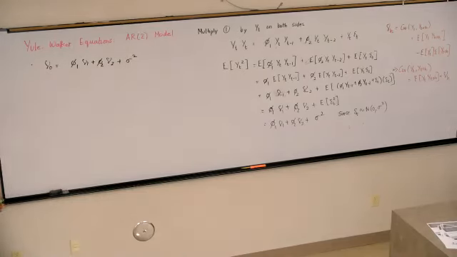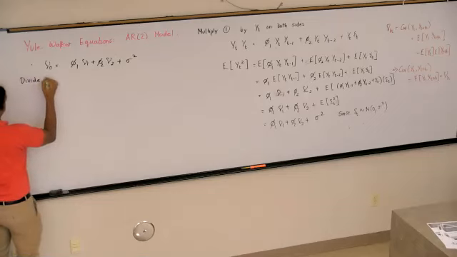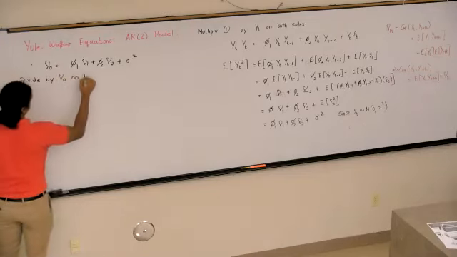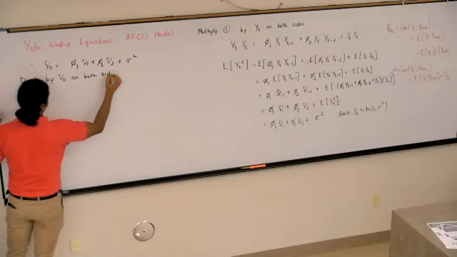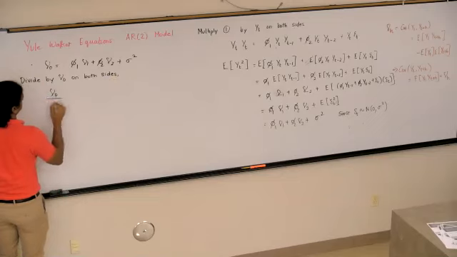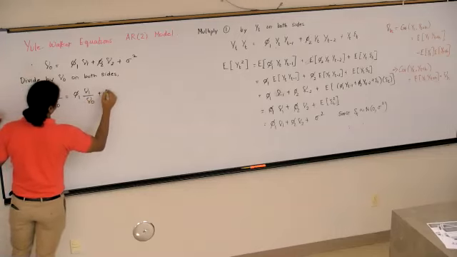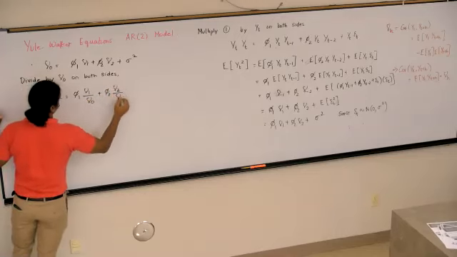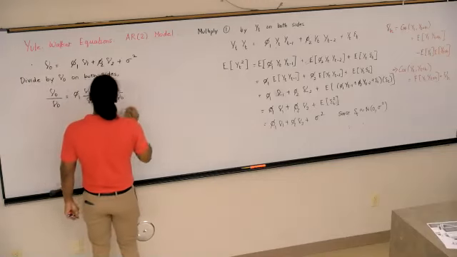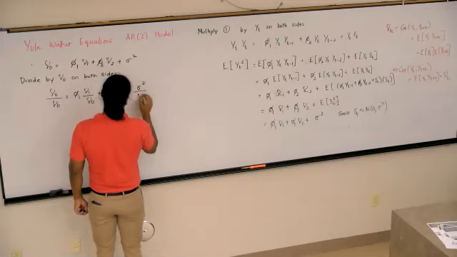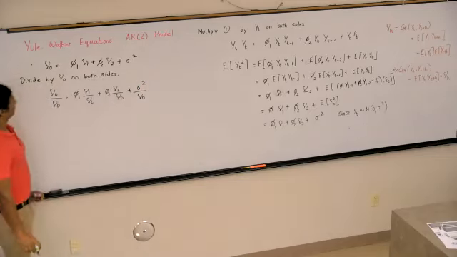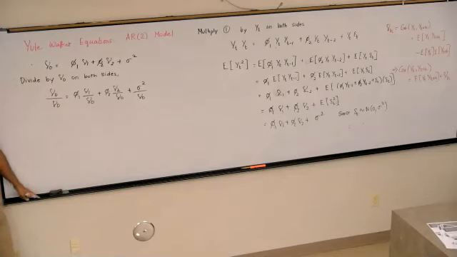If I divide by gamma naught on both sides, that's what I would have, right?